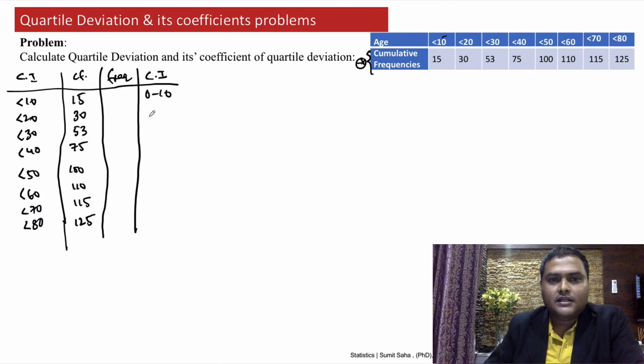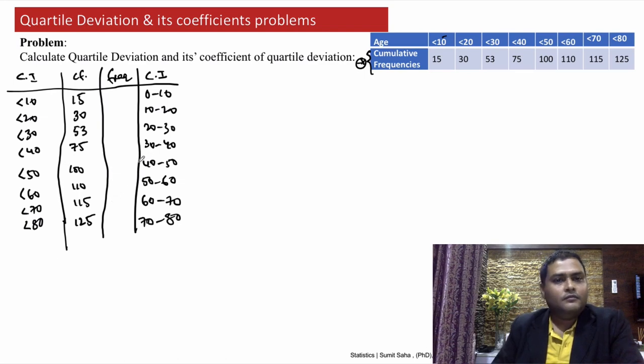We are considering 0 to 10, 10 to 20, 20 to 30, 30 to 40, 40 to 50, 50 to 60, 60 to 70, and 70 to 80. Okay, fine. Now, what will be the frequencies?